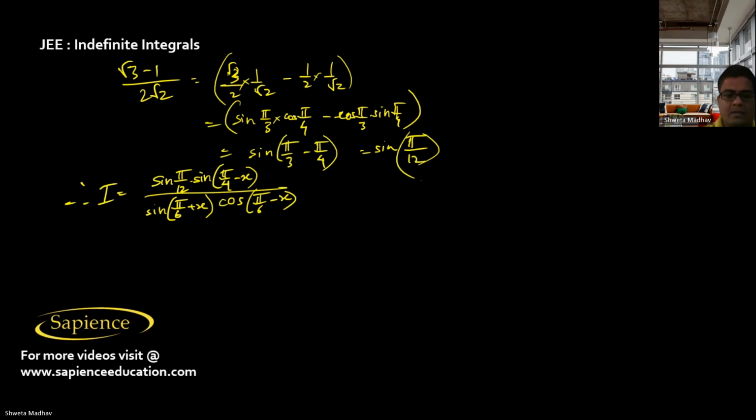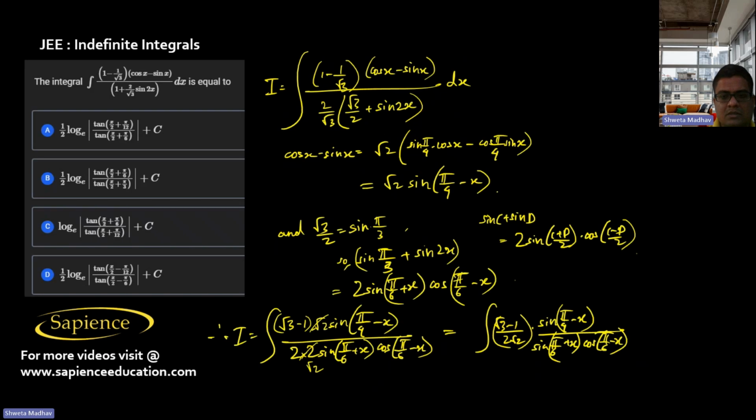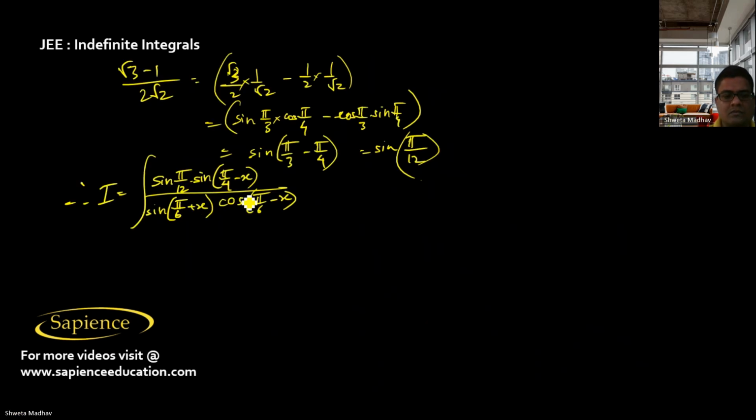So now, okay, this is the integral actually. We can write this here half and here 2.